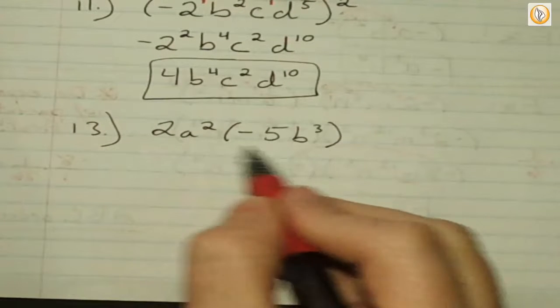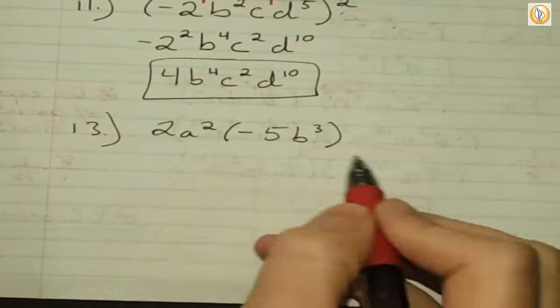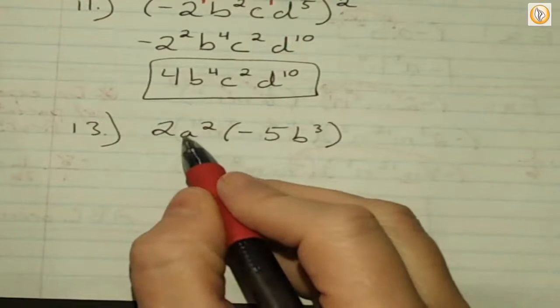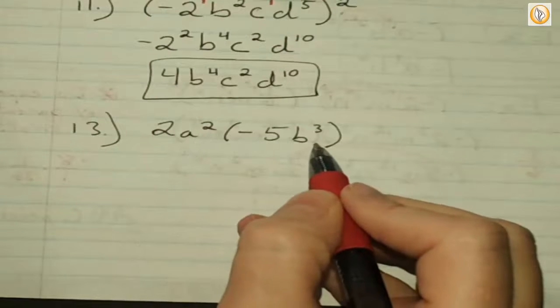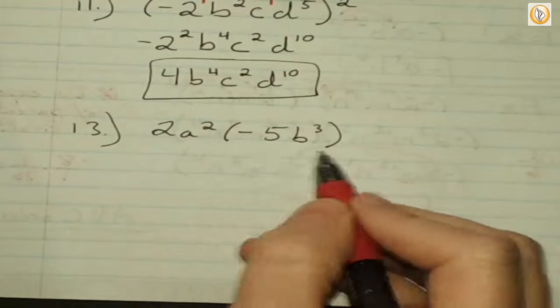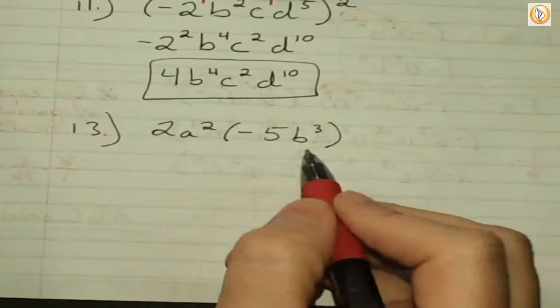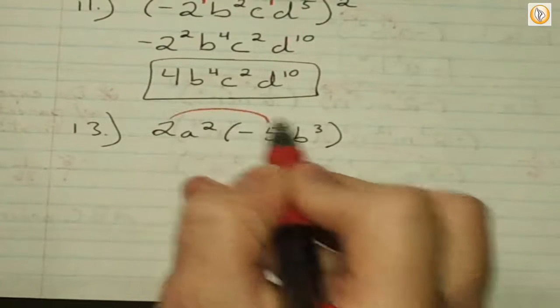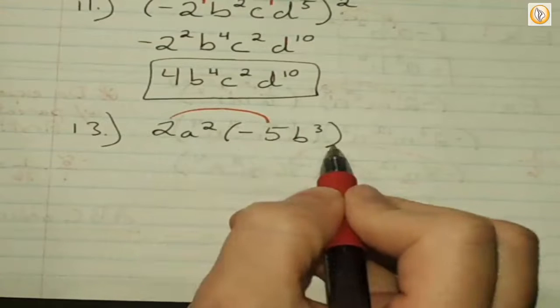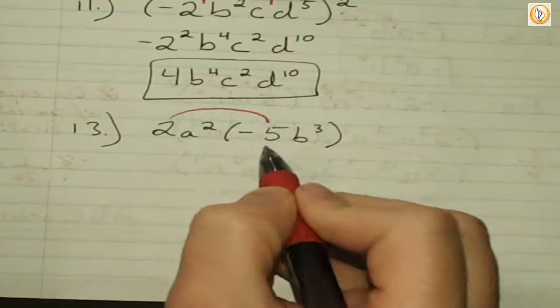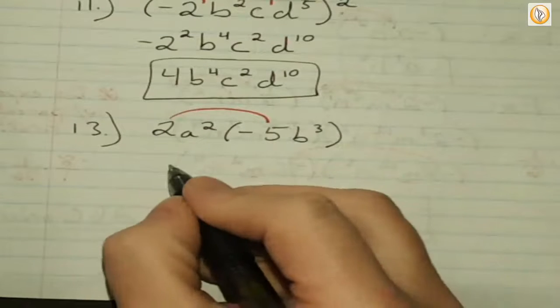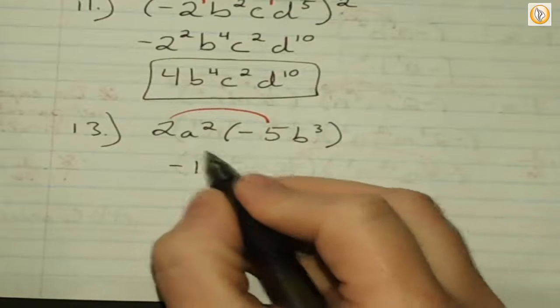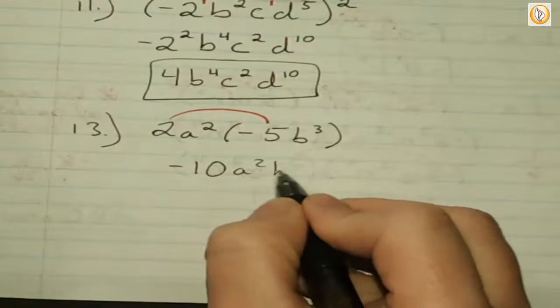We're multiplying everything here. This is an a squared, that's a b cubed. The bases aren't the same, so really there's nothing to do with those. The only thing you're dealing with right here is the 2 and the negative 5. We're multiplying, so 2 times negative 5 is negative 10. And then it's just a squared b cubed.